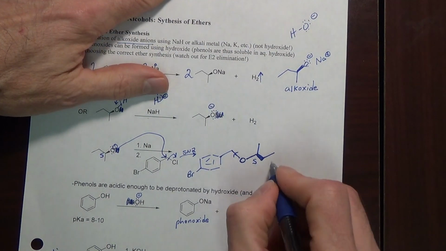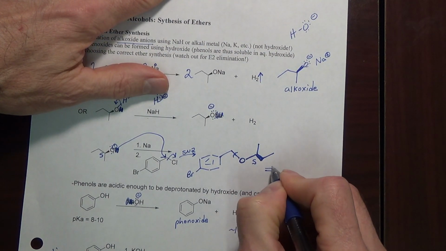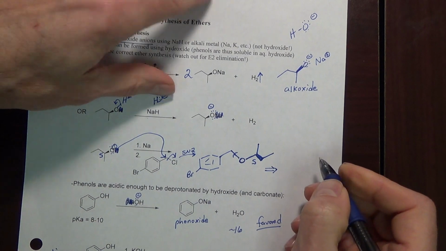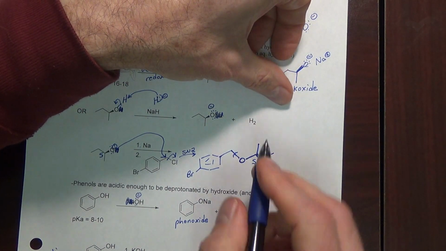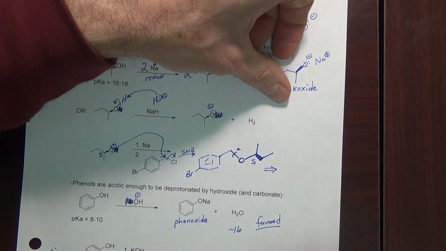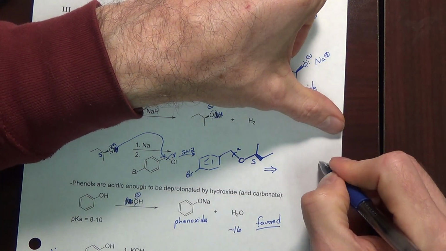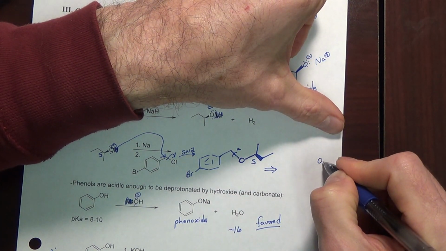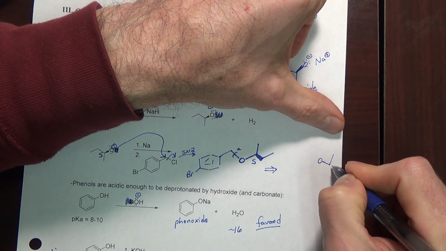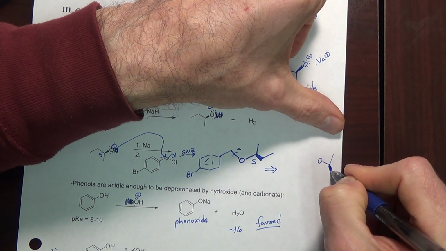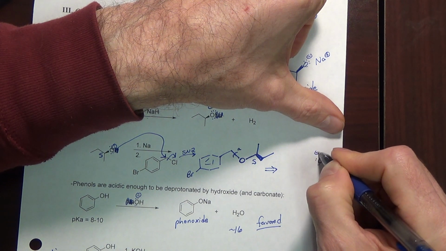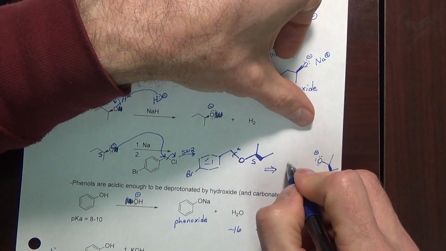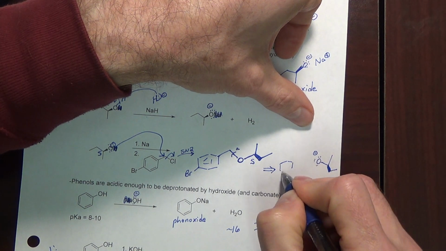By the way, I'll end here. Going backwards, we use a retrosynthetic arrow. And we can say, I'm going to go backwards and break, let's call this A here. I'm going to go back to the nucleophile plus the alkyl group.